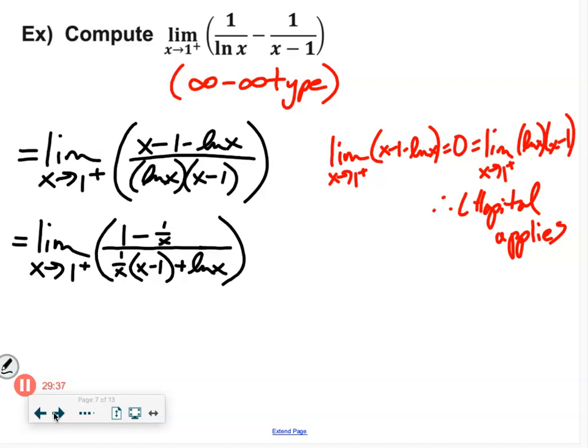What should we do before we continue on with this? I would multiply the whole top and the whole bottom, not by 1 over x, but by x, right? Get rid of all those complex fractions. So I would multiply the whole top and the whole bottom by x and just clean it up.